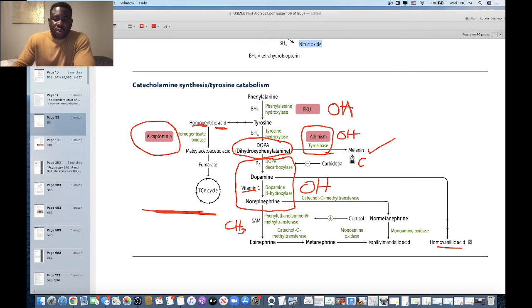Therefore, they'll have albinism. That is the classical albinism, lack of tyrosinase.